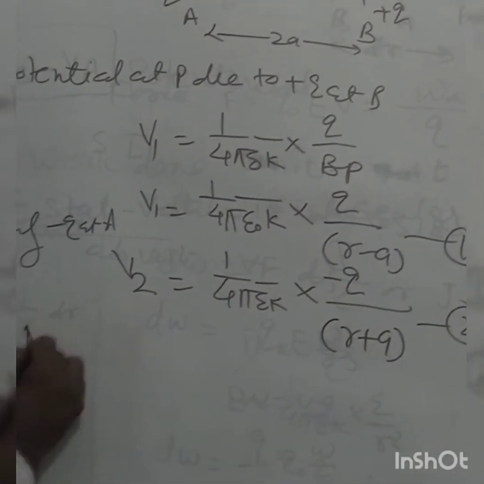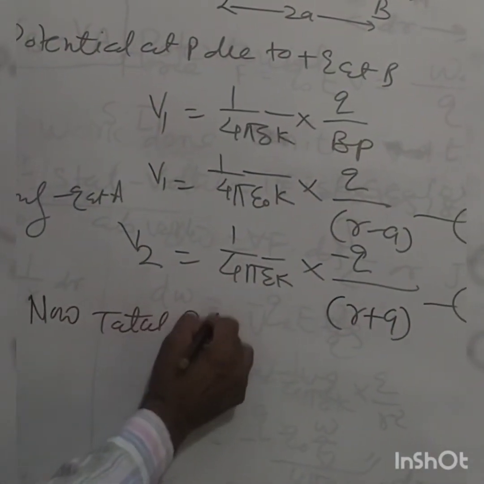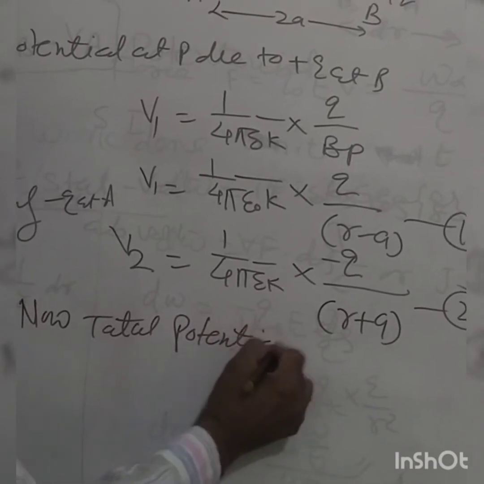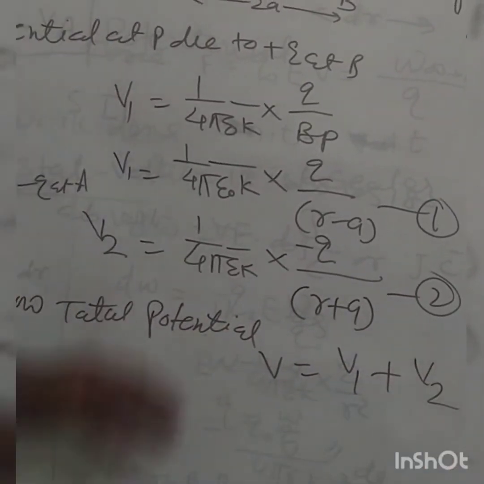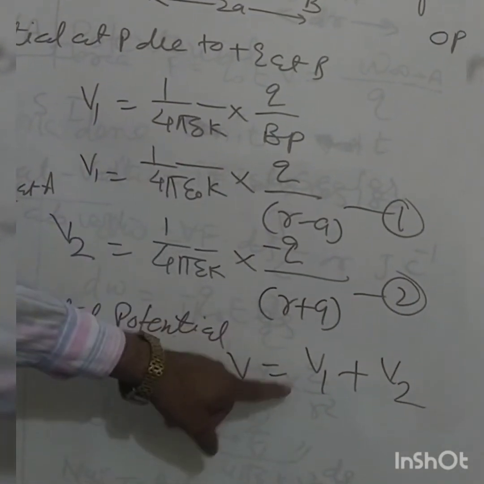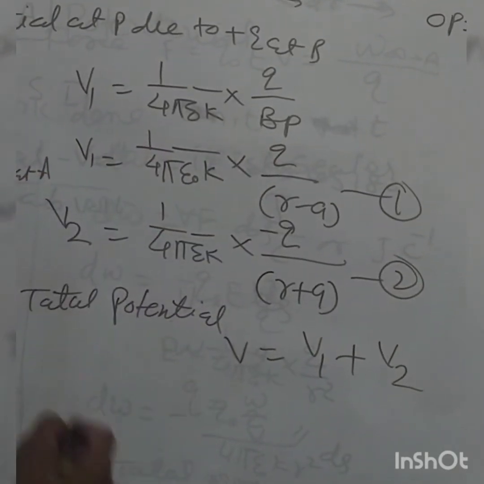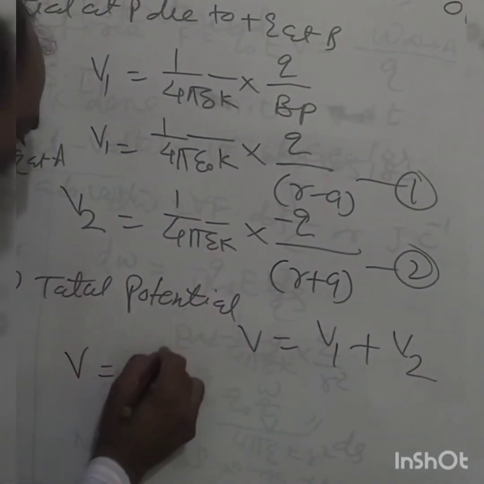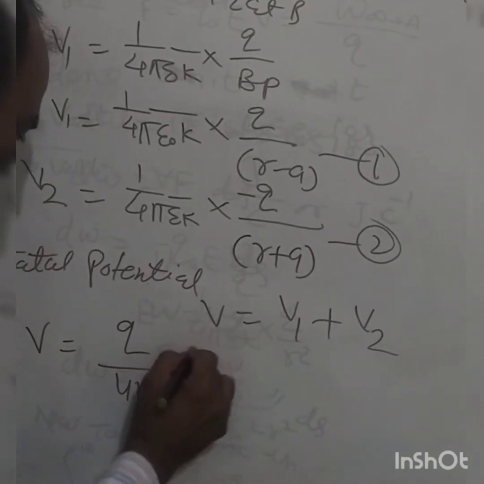Now the total potential V is equal to V1 plus V2. From equation number first and second, we put the values of V1 and V2 here. Q is common in both and 4 pi epsilon naught K is common in both, so we can take Q upon 4 pi epsilon naught K common.